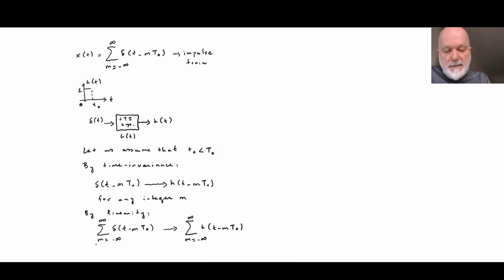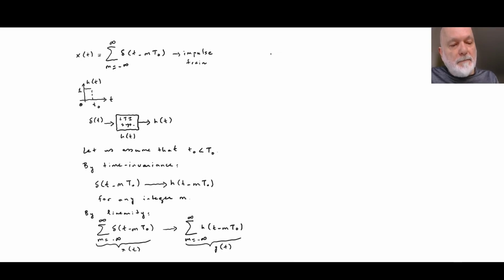But we know that this is our input, x of t. So therefore, this will be the corresponding output, y of t. Okay? So y of t is obtained in this way.